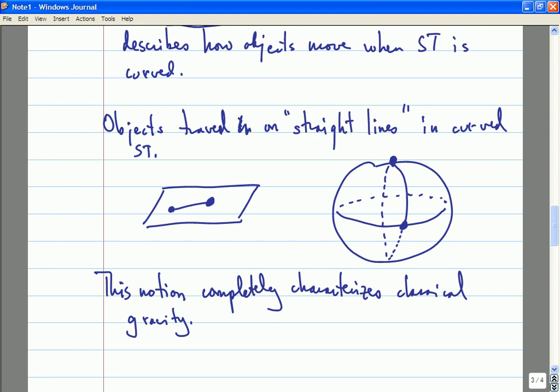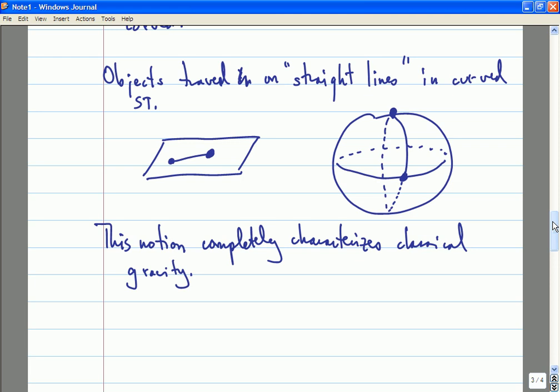Yes, additional question. For the North Pole and the South Pole, of course, there are an infinite number of geodesics that connect them. Absolutely correct. So if I am at the South Pole down here, then my initial position is the South Pole, and I have an initial velocity.